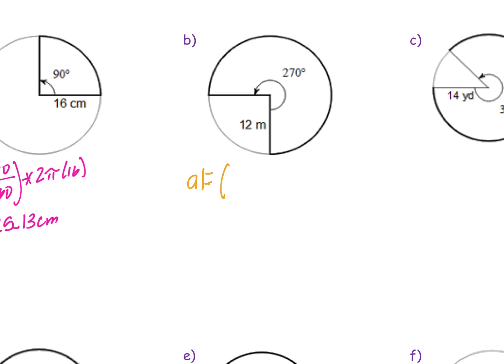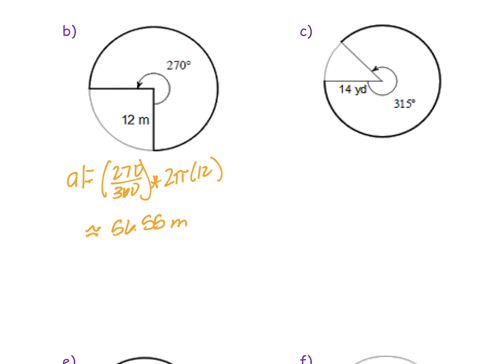So I've got 270 divided by 360 times 2 times pi times 12, which is approximately equal to 56.55 meters.